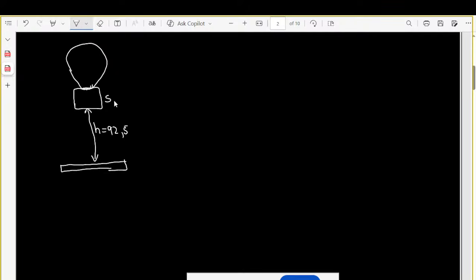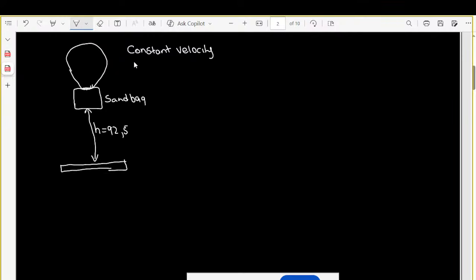So this is my sandbag. The sandbag will be dropped at a height of 92.5 meters, and the hot air balloon is traveling at a constant velocity. I don't think I'll be able to write the whole statement.